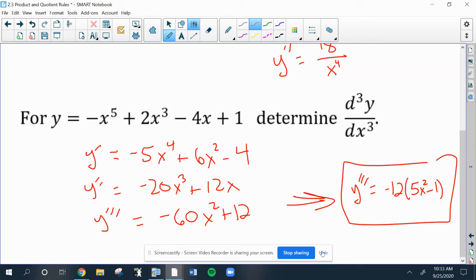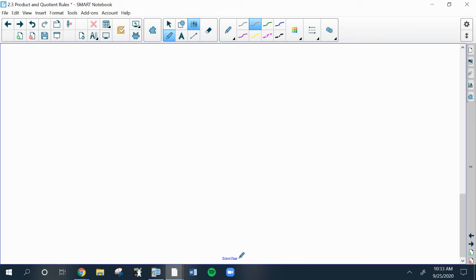The only way it would get difficult is if the function is more difficult. So if I said find the second derivative of this, you would just use the quotient rule, and then you may have to use it again.